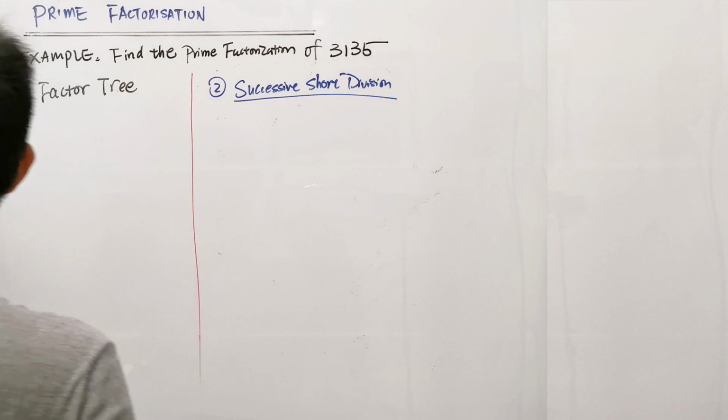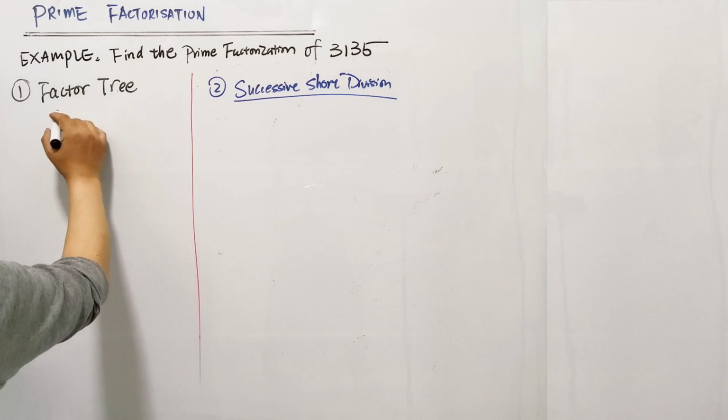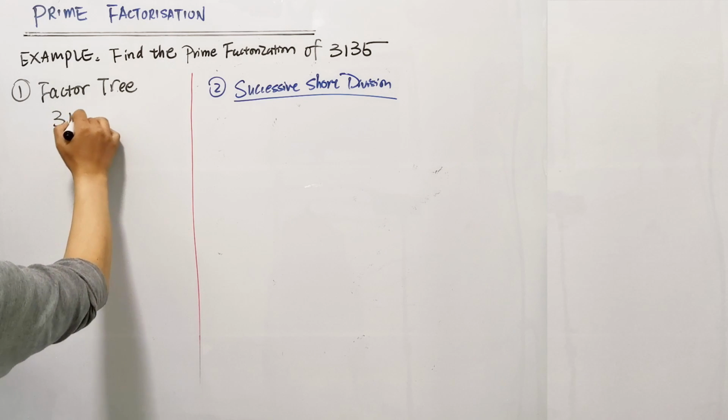Okay, let's look at this example. Okay, so basically we have 3135.